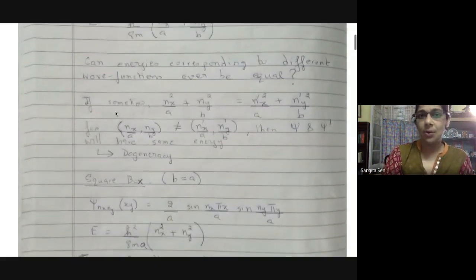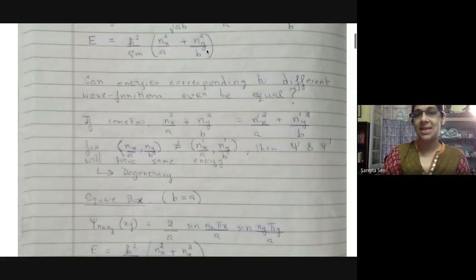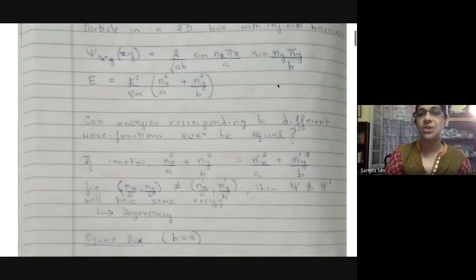If nx squared by a plus ny squared by b is equal to some other n prime x squared by a plus n prime y squared by b, where these numbers are different, then we will have two different wave functions and the same energy, right?